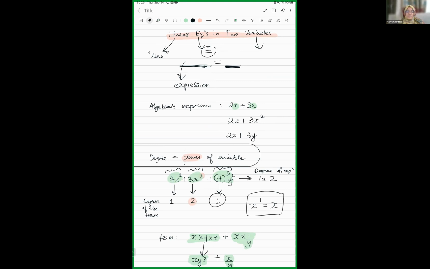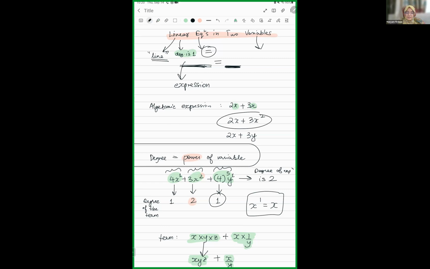So in this expression 2x plus 3x square, is this linear or not? The degree is 2, right? Yes, the degree is 2, so it is not linear. Linear means the degree is 1. That is how it becomes a line. We will see that later on in the chapter. So this is not a linear equation.